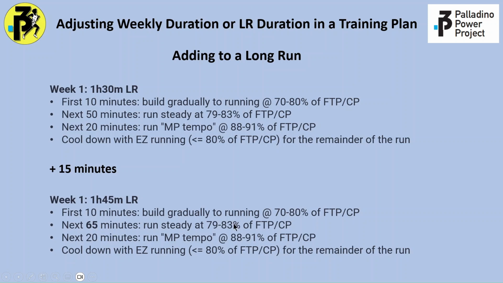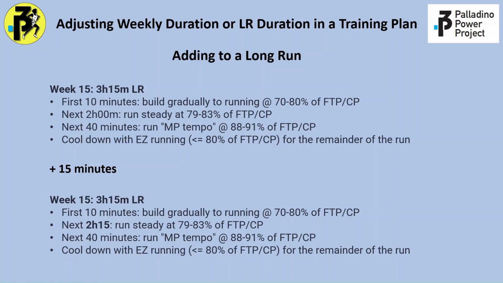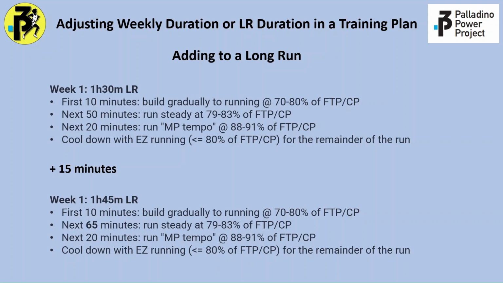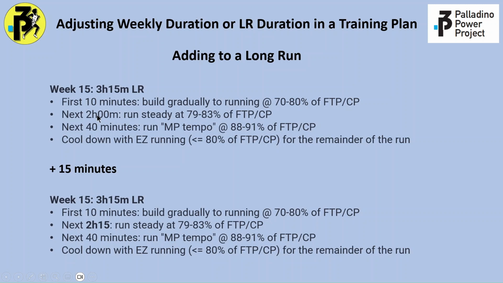Generally add it to the steady portion. So in the beginning, you're adding 15 minutes, right? So the steady portion becomes 65 instead of 50. And in the end, you're adding 15 minutes because you're keeping the same add. That becomes 2 hours and 15 minutes of steady running before you hit the marathon power.